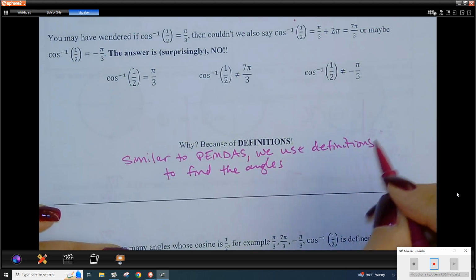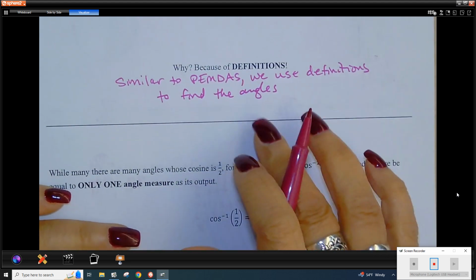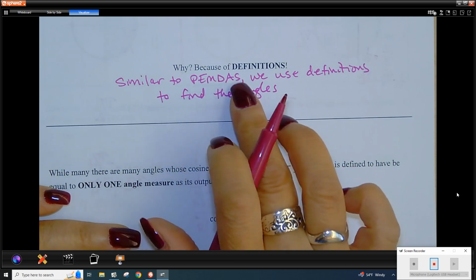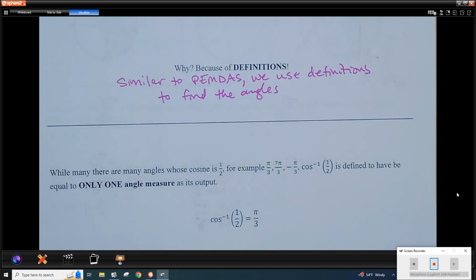So why do I say PEMDAS? Because PEMDAS is the order of operations. If we didn't have this order of operations, we'd all do the same problems and get different answers. Same with finding the angles. Since there are so many multiples of them, we're going to get into that next.